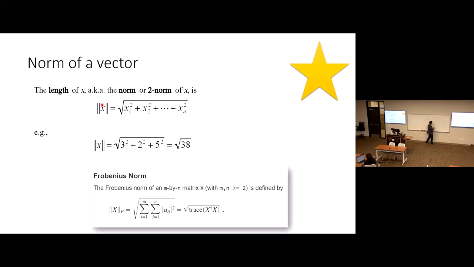So this is the distance, right? This is the distance from the origin to A. So we gave this a name. This distance is the norm of A as a vector.